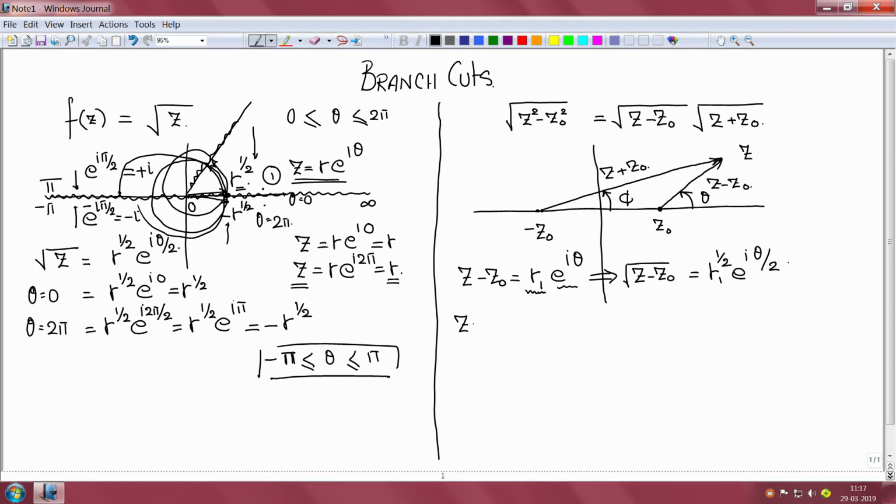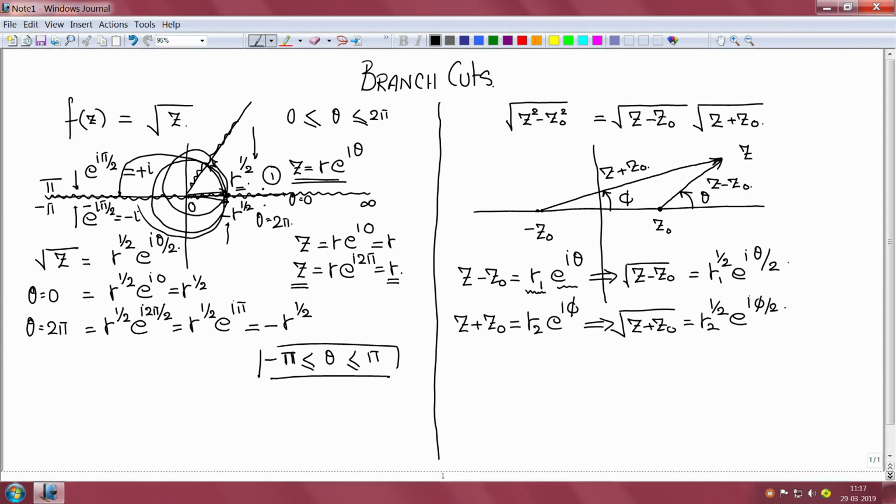Similarly, z plus z0 we denote by r2 e to the power of i phi, which implies the square root of z plus z0 is equal to r2 to the power of half e to the power i phi by 2.